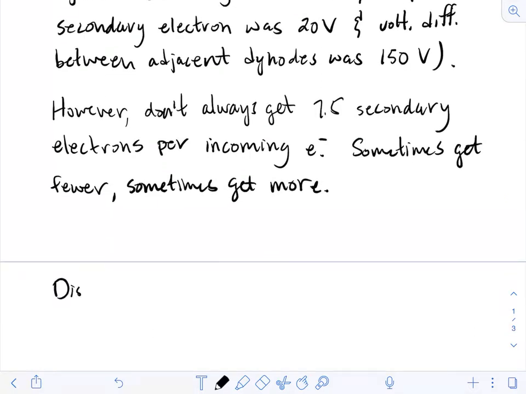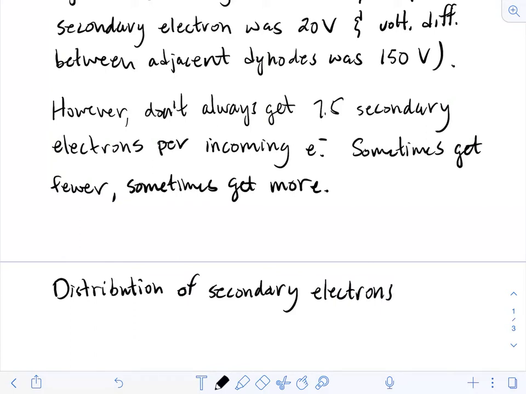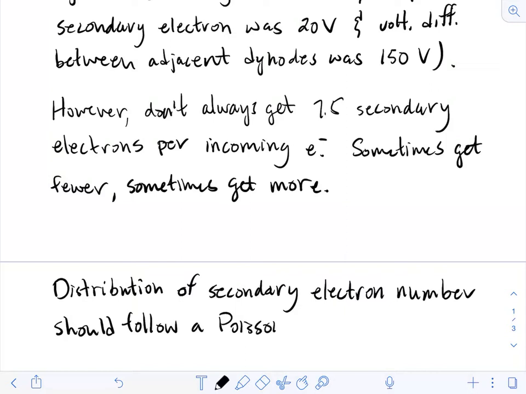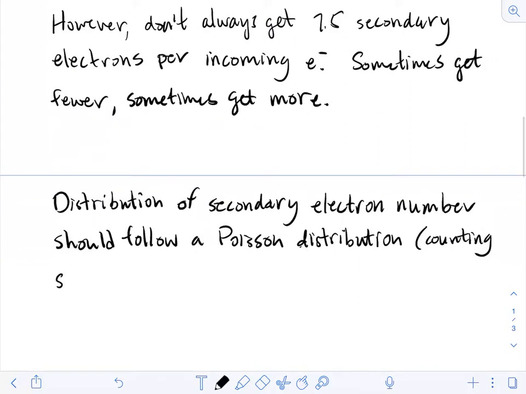The distribution of secondary electrons, let's say the distribution of secondary electron number, should follow a Poisson distribution. So if you remember, we had our Poisson distribution, which we found was useful in situations where we had to do counting.